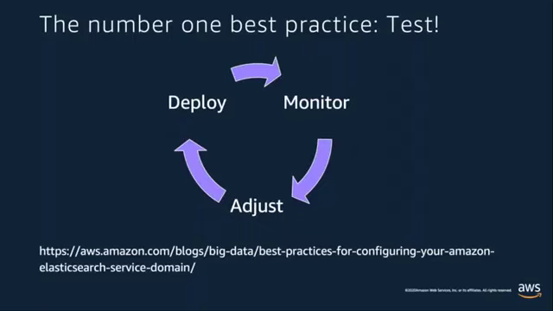You want to test out your particular workload with your data to understand the performance characteristics of Elasticsearch. And then even in production, even when we've already launched, we need to monitor and adjust as we go. So we're constantly with Elasticsearch monitoring and figuring out how we're going to adjust the deployment to meet the needs of the workload.